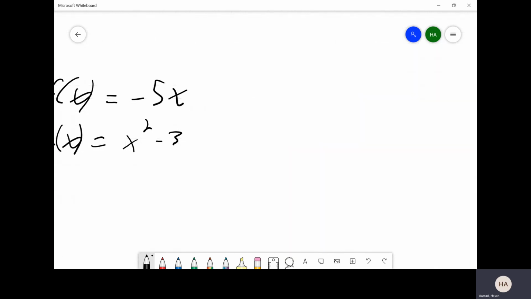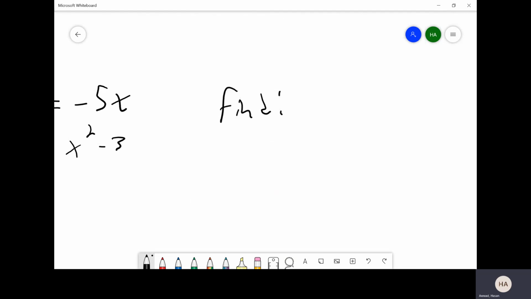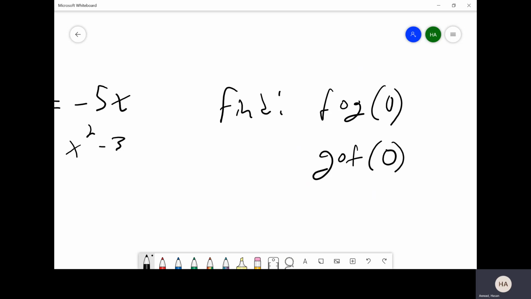What I first want to find is f composed with g at 0. So your first input is 0. Then I also want to find g composed with f, also at 0. So we're switching the order of the functions, but we're going to keep the original input the same. We're going to see what happens. And then after we do these two, I'll let you go on your classwork assignment.